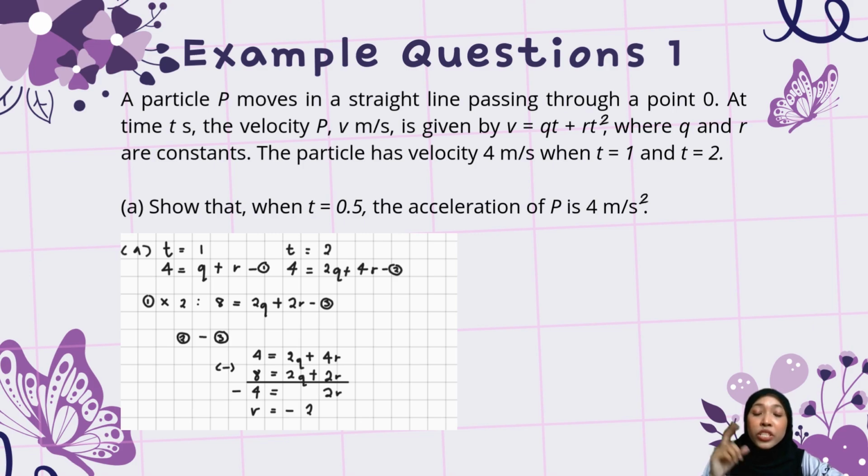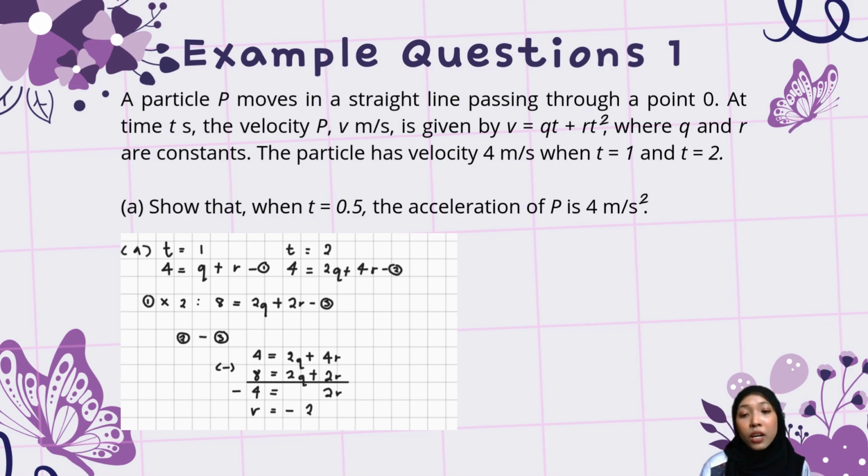We take equation 1 and multiply by 2 and get 8 equals 2q plus 2r, equation 3. Now equation 2 minus equation 3 gives r equals negative 2.